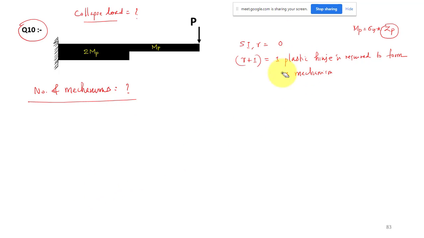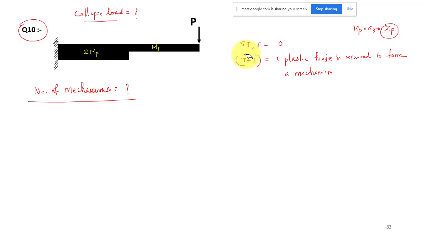I am asking how many mechanisms are possible in a structure. The number of plastic hinges and the number of mechanisms are different. We have seen the beam mechanism, sway mechanism, like that. In this beam, how many mechanisms? I have already discussed that in previous classes.